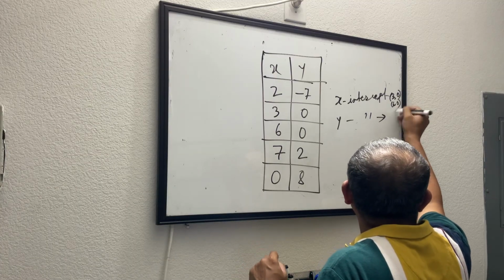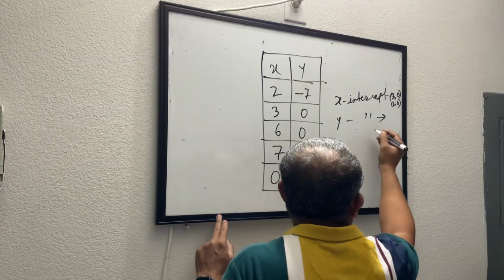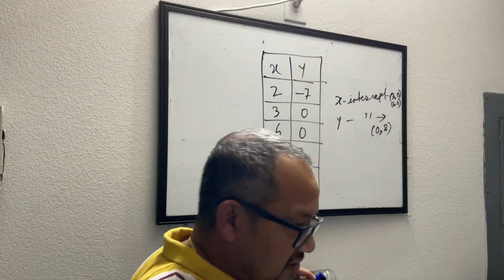And for y-intercept, I think it would be x is 0 and y is 8. So that's what Vivan also said. One more time, I was busy writing it and could not hear you properly.